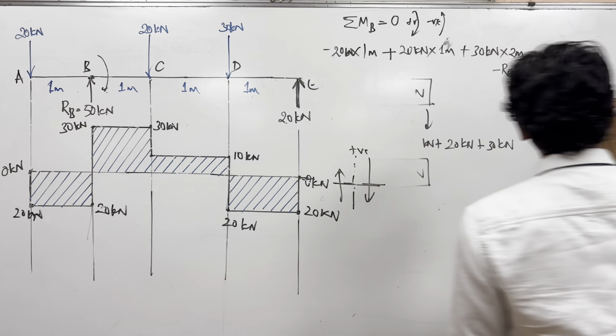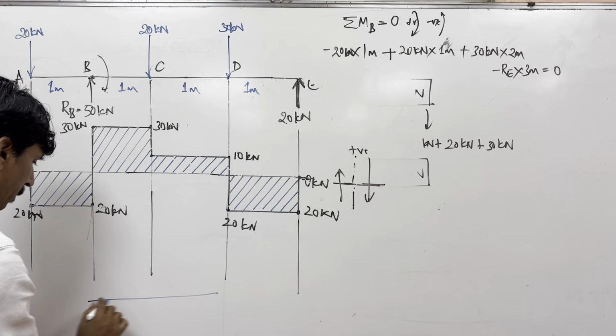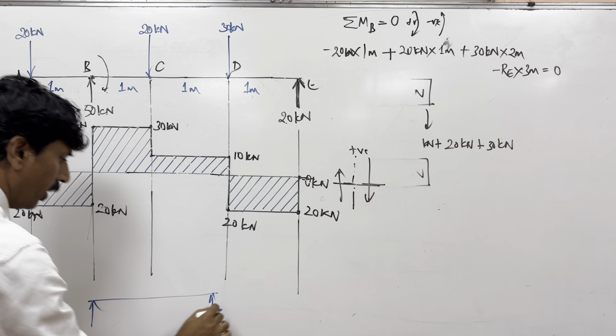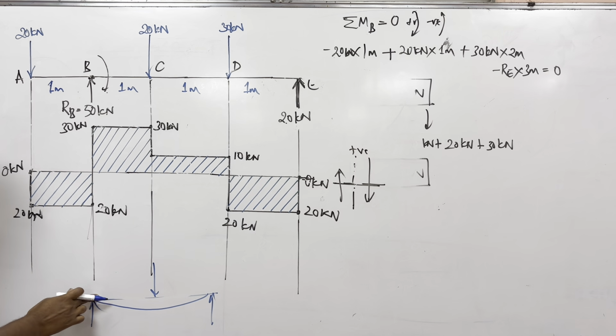Guys, by common sense, suppose a beam is like this, with the supports. If you apply a load here, it sags here. It sags like this. Suppose the beam was continued like this, and you have one more load here, then it starts to bend like this.